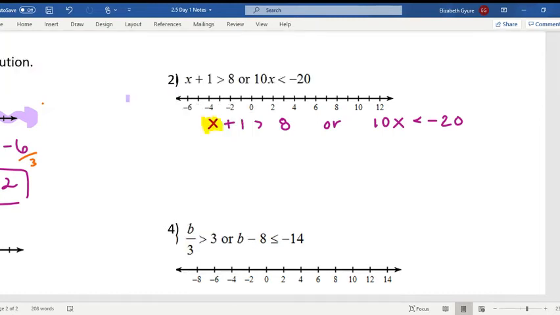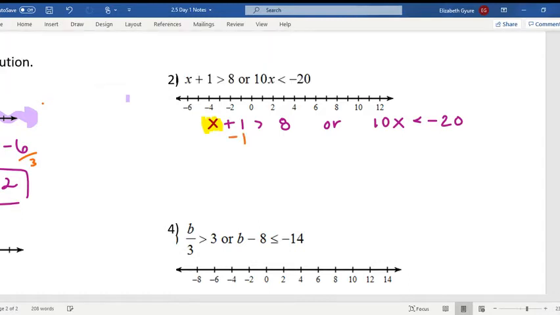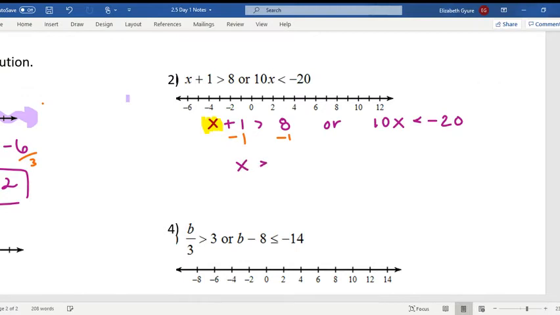So what opposite operation would you do to get rid of adding 1? Very good. You would subtract 1. Good job. All right, so then we have x is greater than 8 minus 1, which is 7.